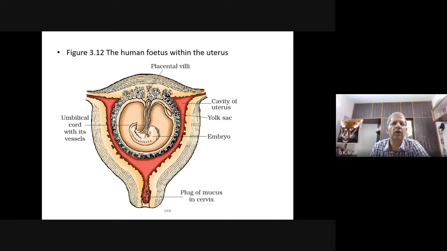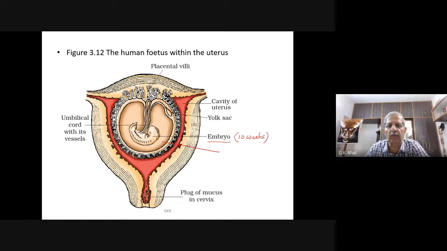This is what we have studied. This is the fetus or embryo. We use the term embryo for the first 10 weeks of development. After that, we call it a fetus. The embryo or the fetus is surrounded by a fluid called amniotic fluid.